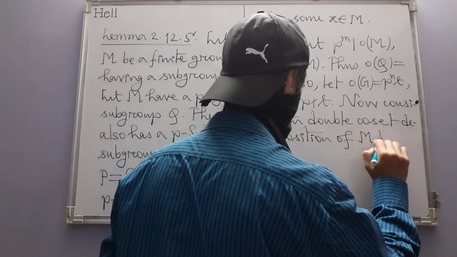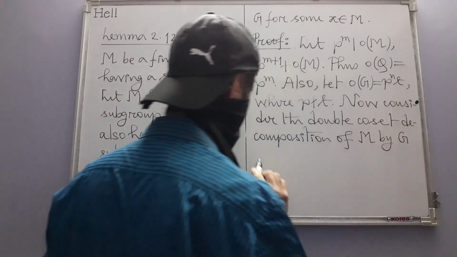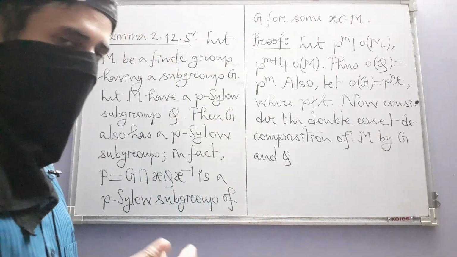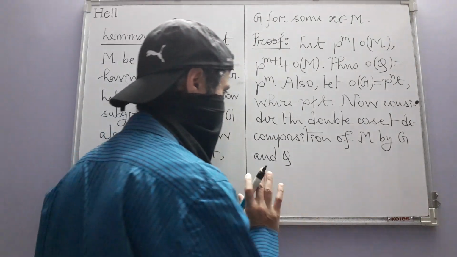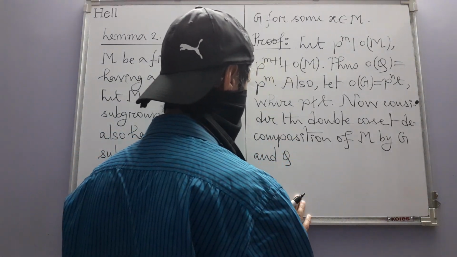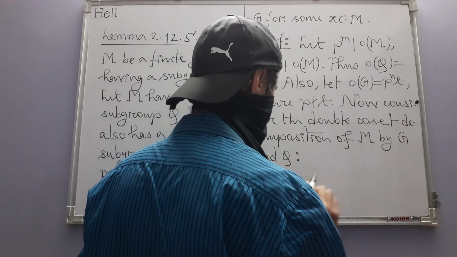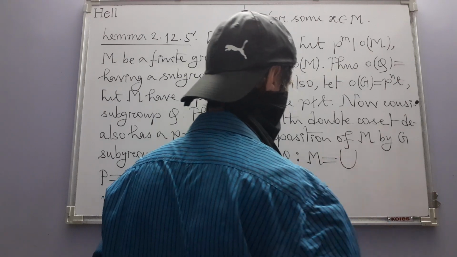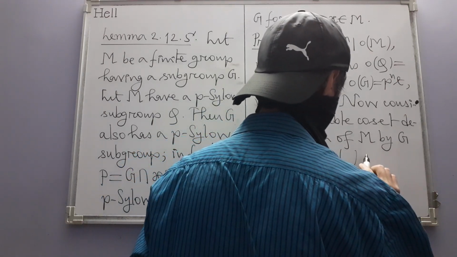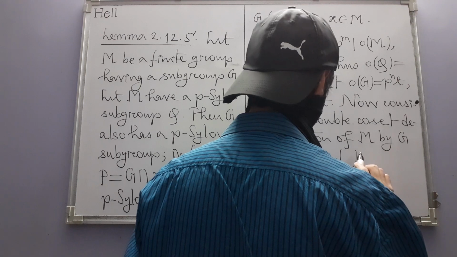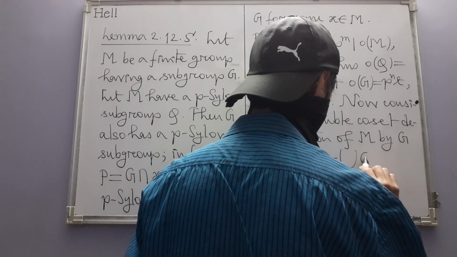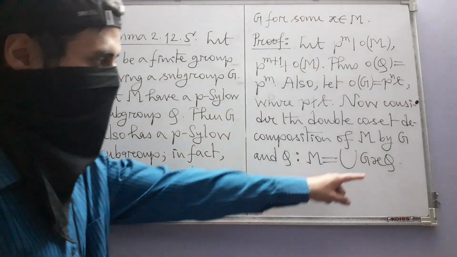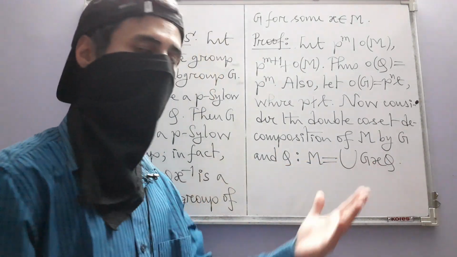Of M by G and Q. By G and Q or Q and G does not matter really in what we are going to do. So it is just this. M is written as a union of distinct double cosets of G and Q, where this x varies over a set of representatives.